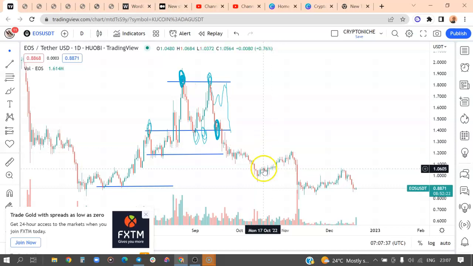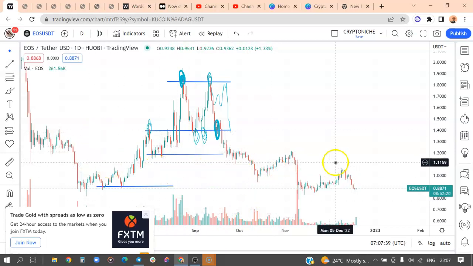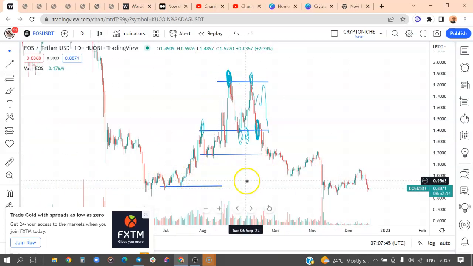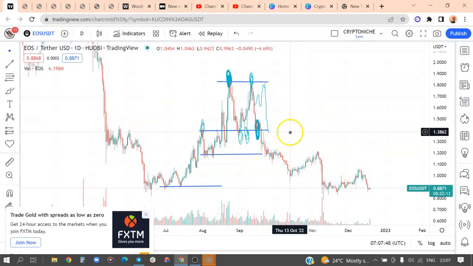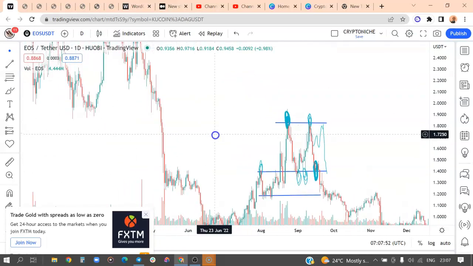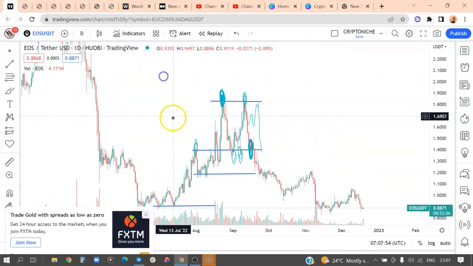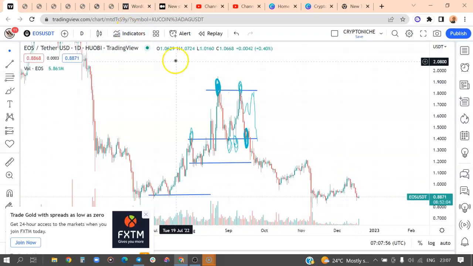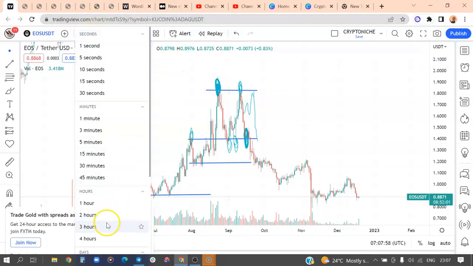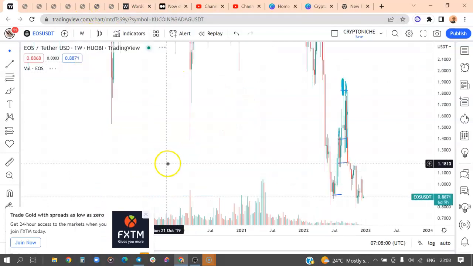All you have to do is load your charts, look at the candles, pay attention to the patterns, and use that information to plan your trade. And when you plan your trade, you also try as much as possible to trade your plan.